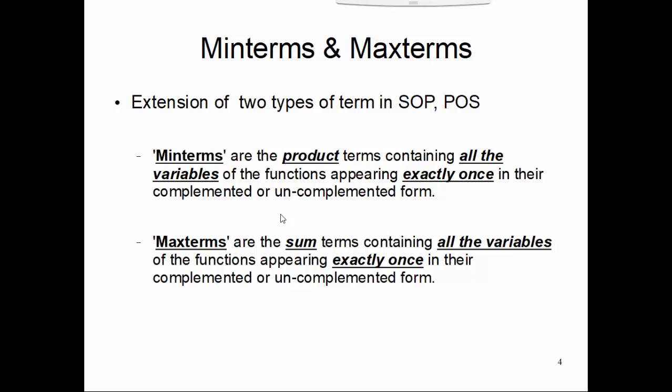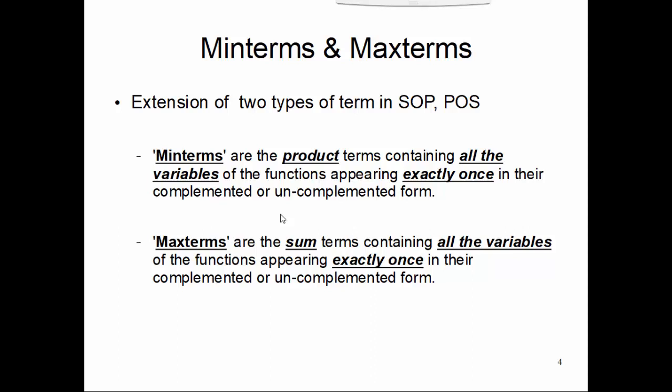At this point, let me also explain this product term and sum term. What do we mean? We don't have a product or sum operation in Boolean algebra. We have AND, we have OR, right? If you recall, the AND operation is represented as a dot, and the OR operation is represented as a plus. So a dot in the normal algebraic sense is product, and a plus in the normal algebraic sense is sum.